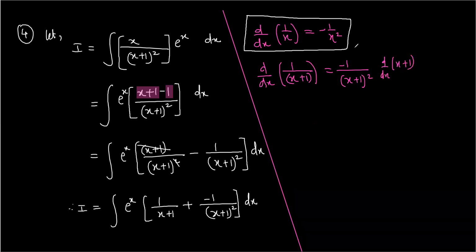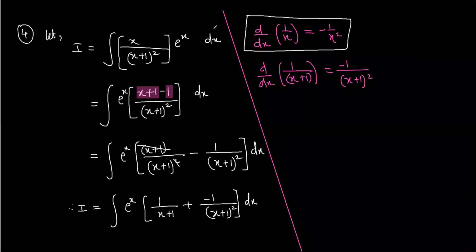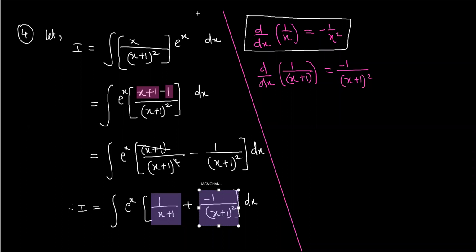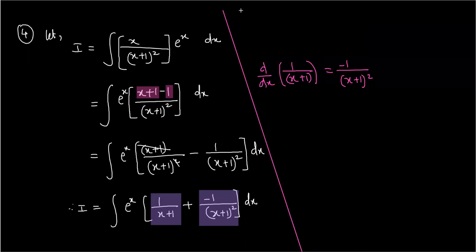So this has no say as such, you can just ignore it. What you notice is that this will be my f of x, and this is f dash x. Okay, so I go ahead and write using the result.